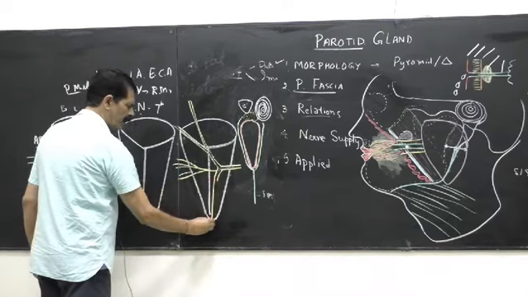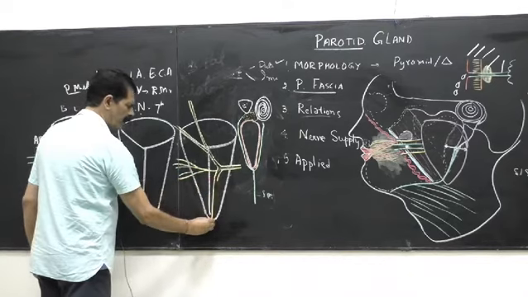So this is the neck of the mandible. I have said the neck of the mandible is related to three structures: maxillary vein, maxillary artery and auriculotemporal nerve. So this is from the root of the zygomatic. From the scalp, which vein is coming? Superficial temporal vein.